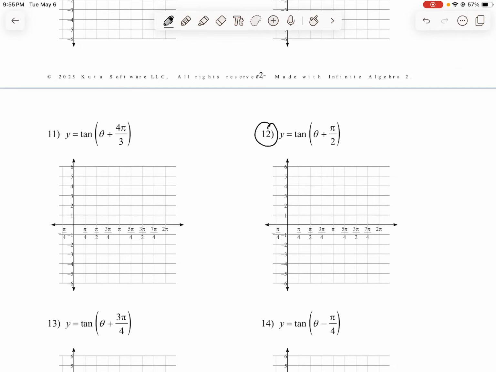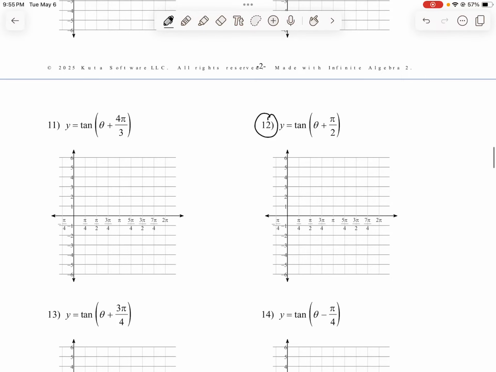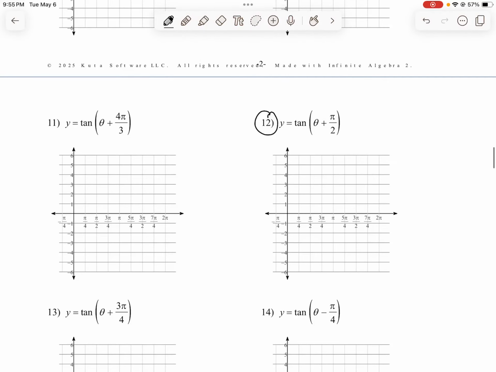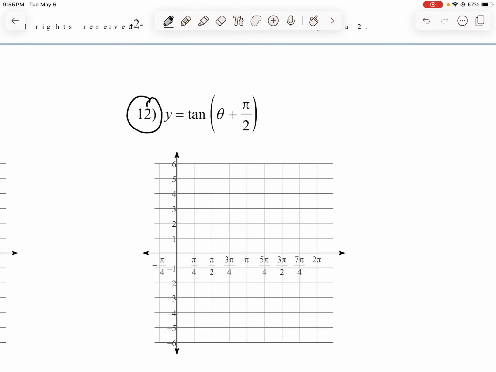So, what does it specifically ask for in this problem then? So, 12. First, sorry, I should have specified the period. We know that the original function is going to go something like doop doop doop.